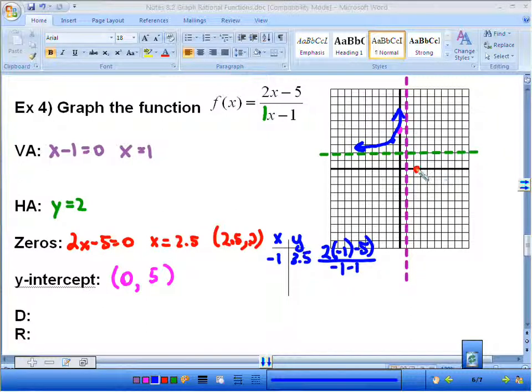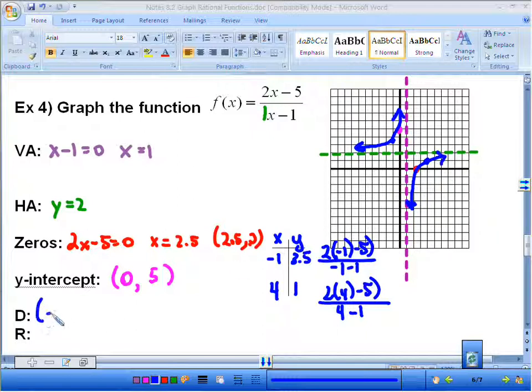Now I'm going to do the right side. I need another point over here. Let's choose one that's a little farther apart. How about if I use a 4 for my x value? 2 times 4 is 8, minus 5 is 3, and 4 minus 1 is 3. 3 divided by 3 is 1, so I know I have a point at 4, 1, and there's my branch there.